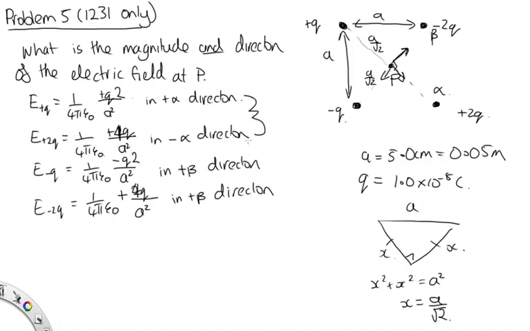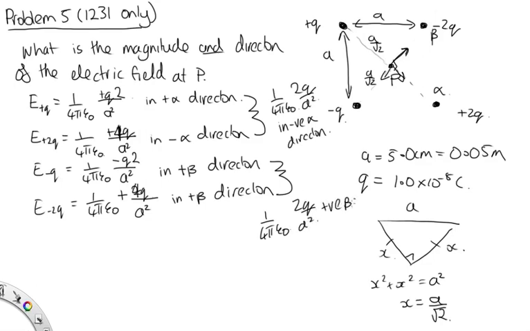So in the alpha direction, we've got a total of, this one's double that one, and they're in the opposite direction. So we've got 1 over 4 pi epsilon naught 2Q over a squared, and that will be in the negative alpha direction. And these two, this one wins, it's bigger, so that's the positive beta direction. They're equal to 1 over 4 pi epsilon naught 2Q over a squared in the positive beta direction.